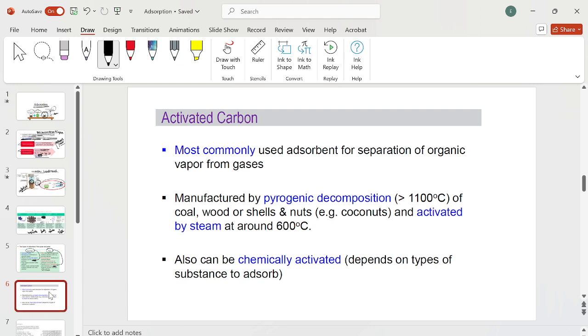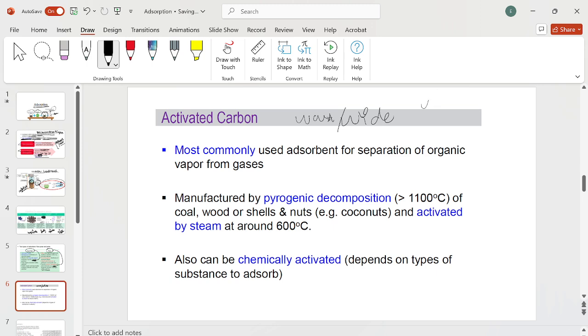Now we'll talk about activated carbon in detail because it has very vast and wide applications in many separation processes.